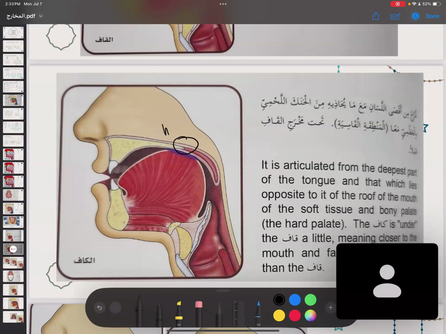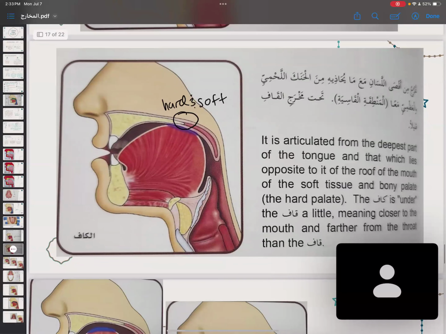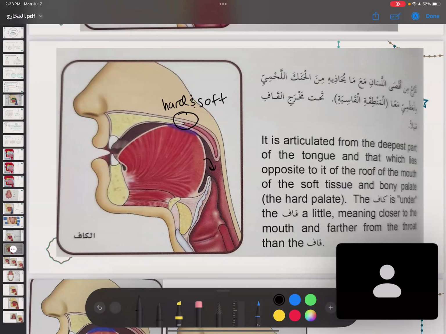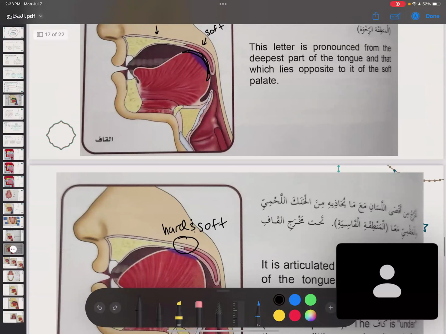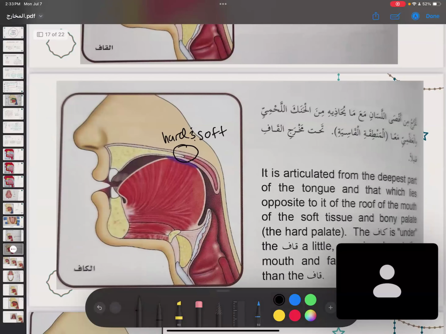It's between the hard and the soft part of the top of the mouth. The kaf is under the qaf a little bit, meaning closer to the mouth and farther from the throat. The letter qaf is close to the halq, whereas the letter kaf is farther away.